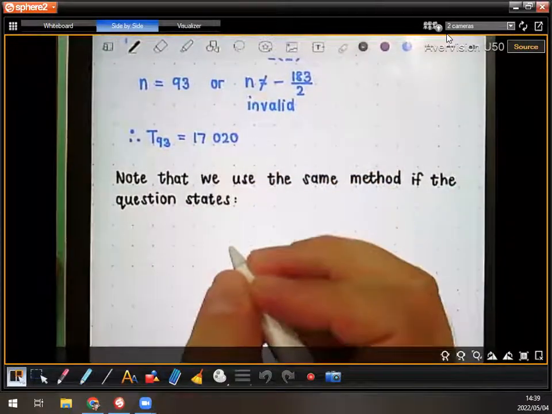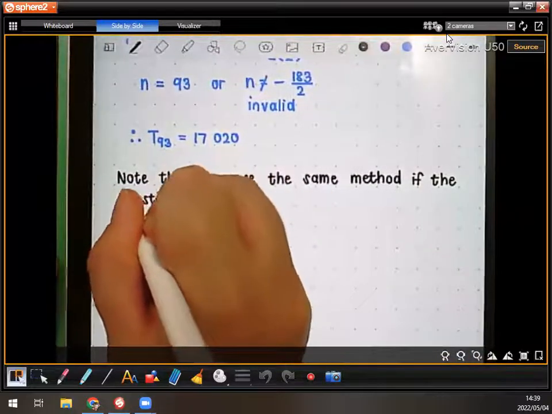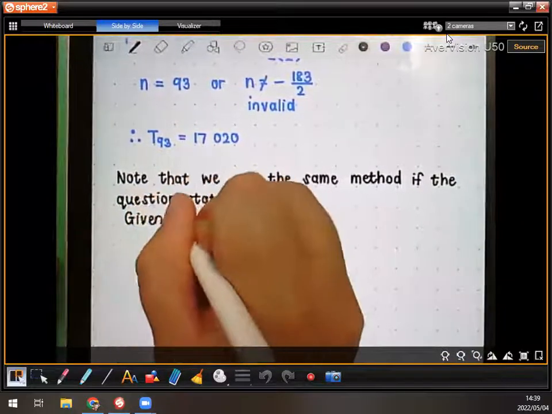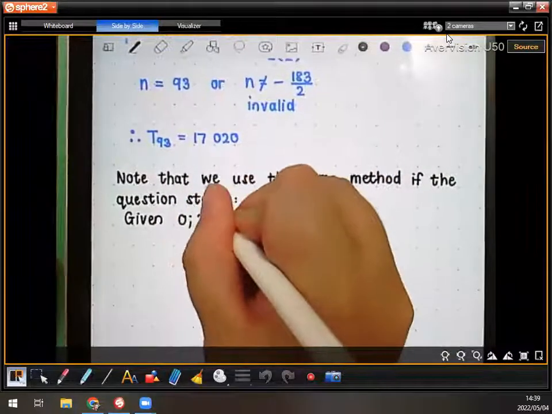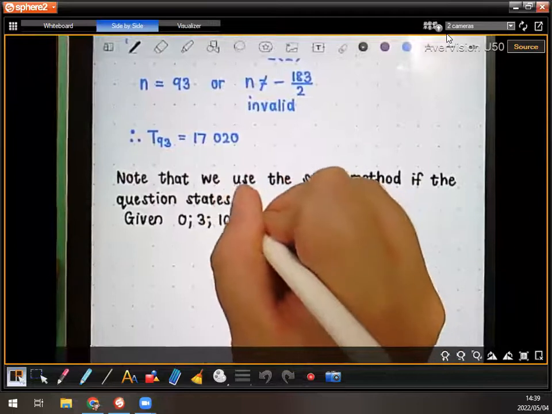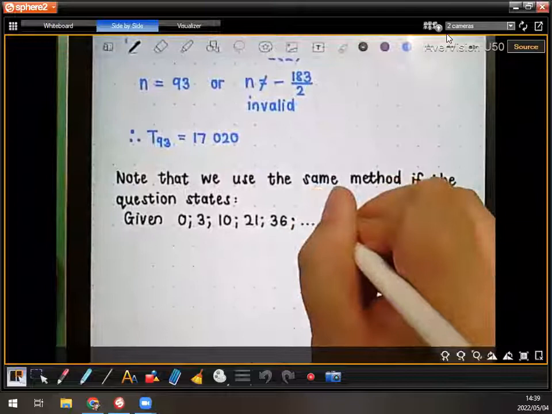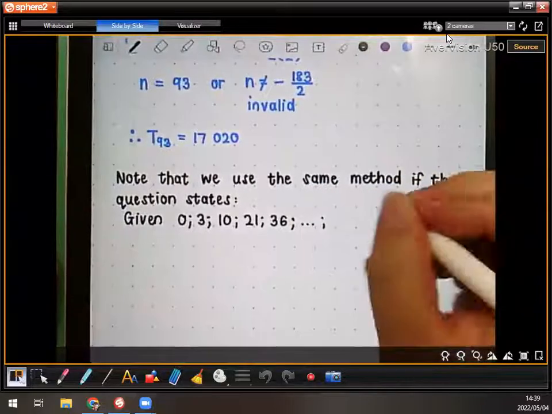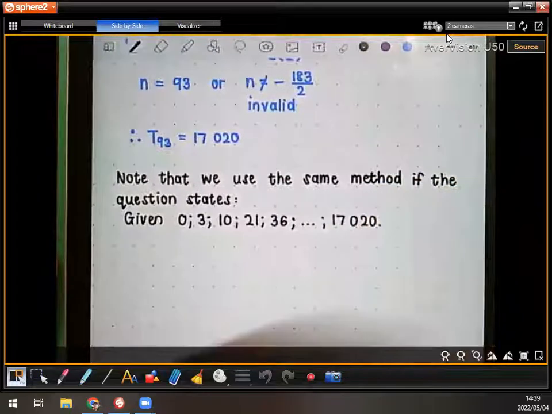So if they say, given, I'm sorry, now we're going to write this number pattern out again, but I promise it's the last time. 0, 3, 10, 21, 36, and then they do a dot, dot, dot, and then another semicolon, and then they give that 17,020.